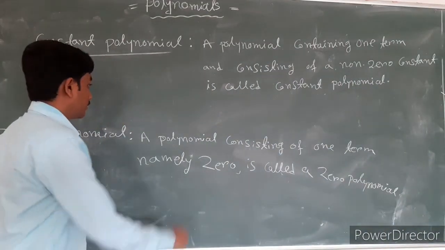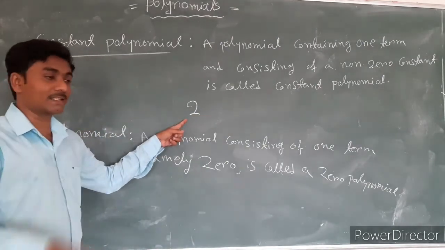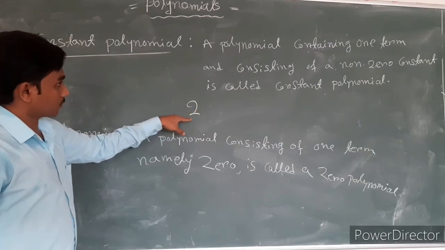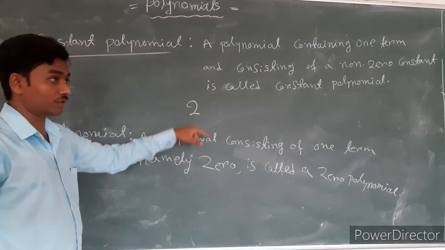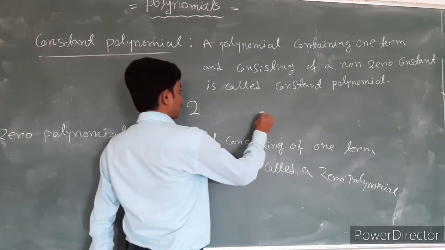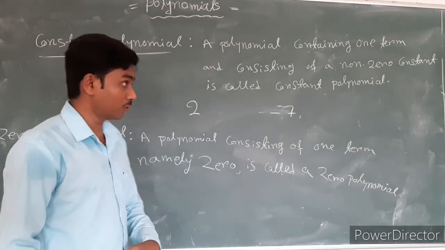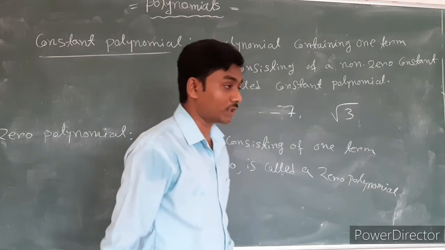For example, 2. This polynomial has a single term and the term is a non-zero constant number. Similarly, minus 7 is a constant polynomial. Root 3 is also a constant polynomial.